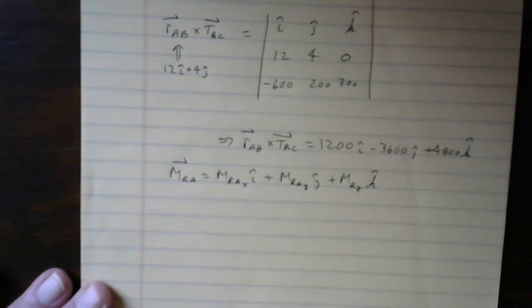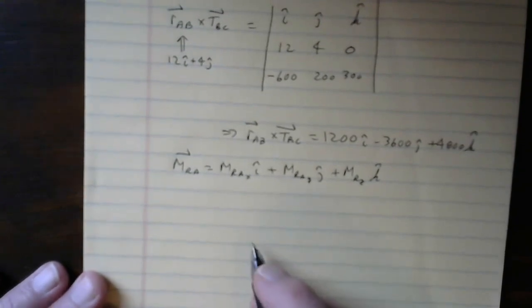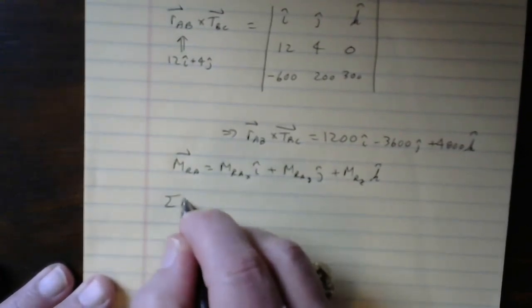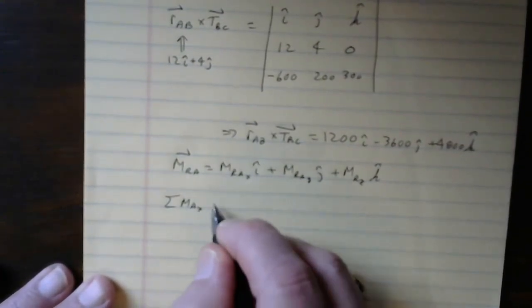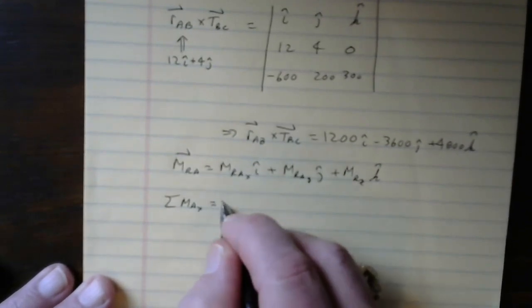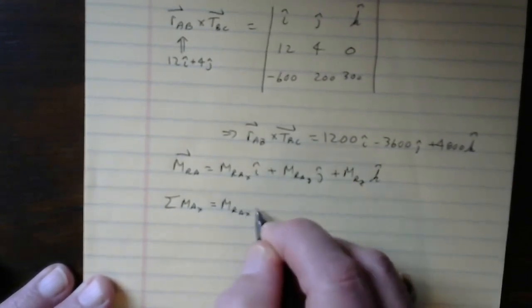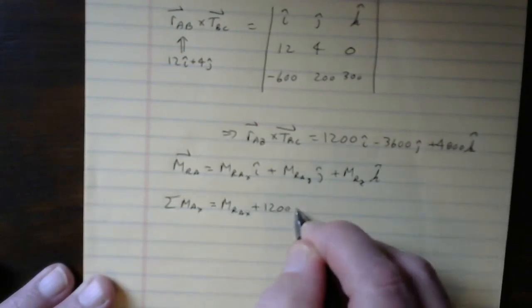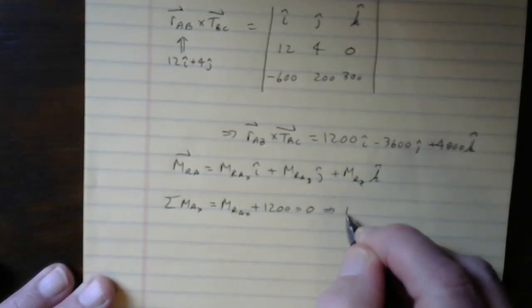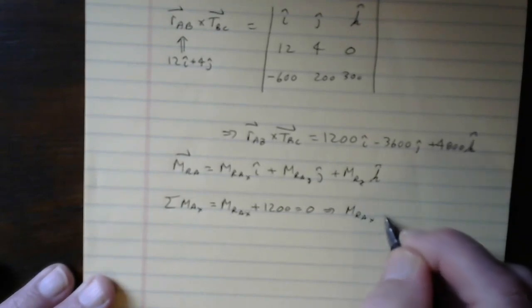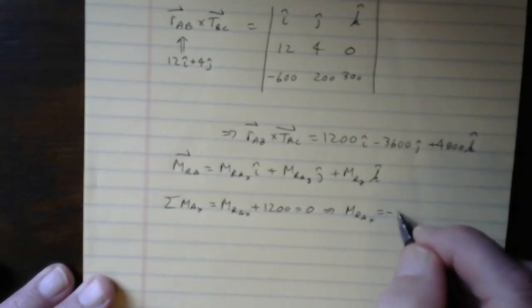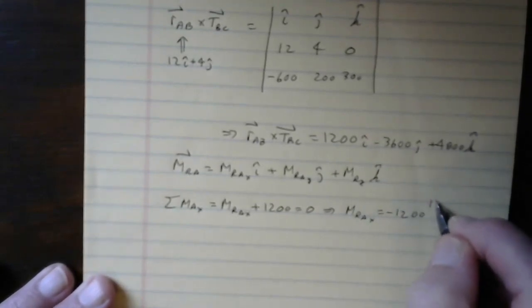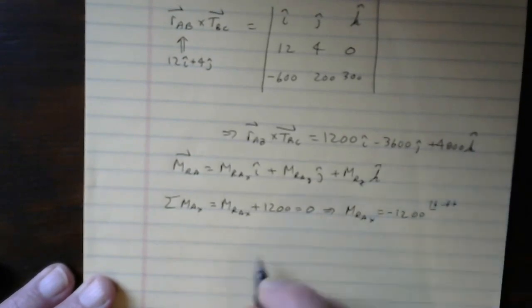Now all I do, just like I did for the force equation, is collect the components. The components of the moments about x: M_RAx plus 1200 is equal to 0. So the x component of the reaction moment is minus 1200 pound-feet. Don't forget the units.